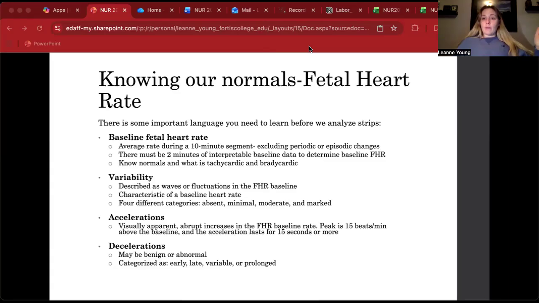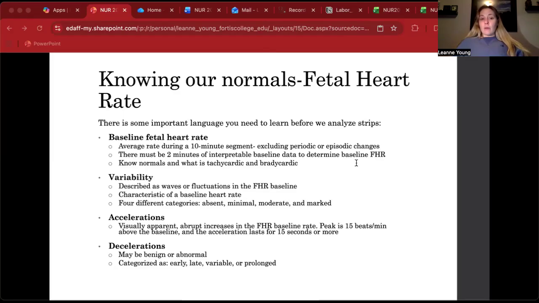What will cause fetal tachycardia? Some things like maternal fever or infection, medication administration like terbutaline, maternal hyperthyroidism, fetal anemia, caffeine and cocaine use can cause fetal tachycardia. Those are the biggest ones, okay?